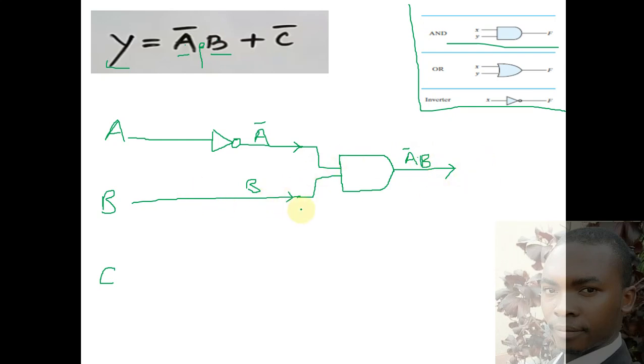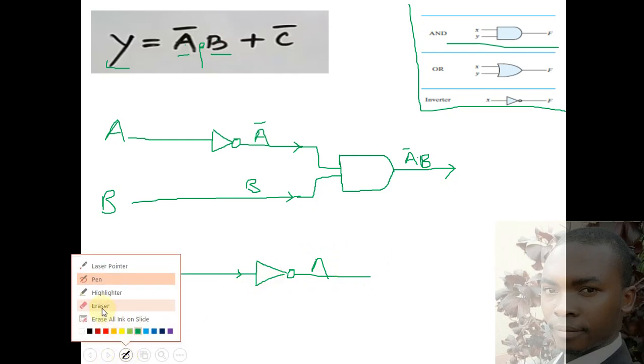And then my C has a negation on it, so I want to first pass it through a negation, which is this. So what I'm having here as an output is C bar.